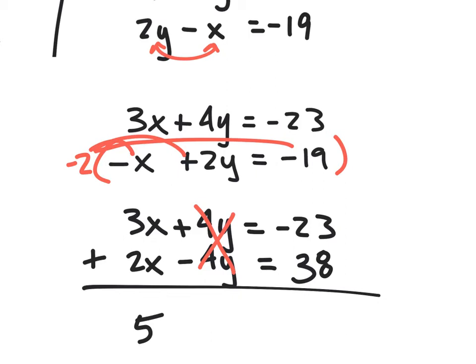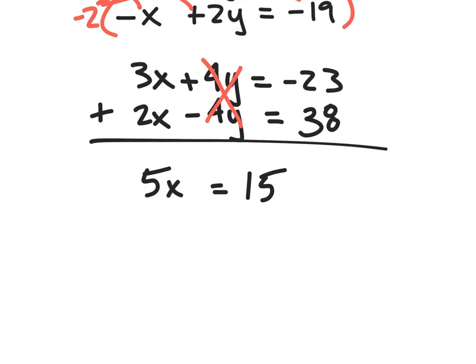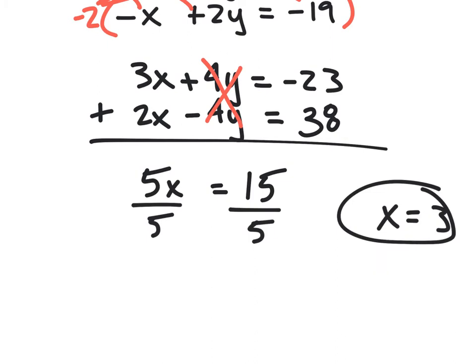So here's what I got. 5x is equal then to 38 minus 23, which is 15. Divide everything by 5, and you get x is equal to 3. Again, I don't have to go any further than this.